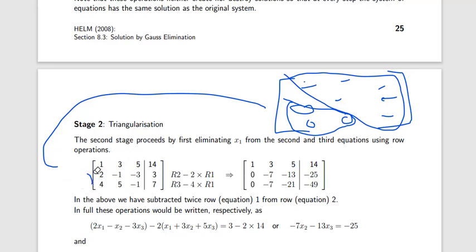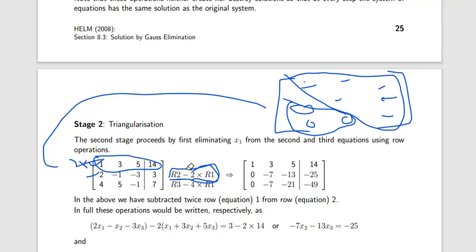So the first operation is row 2 minus 2 into r1. We did a row operation on row 2, meaning row 2 minus the multiplication of row 1 with 2.